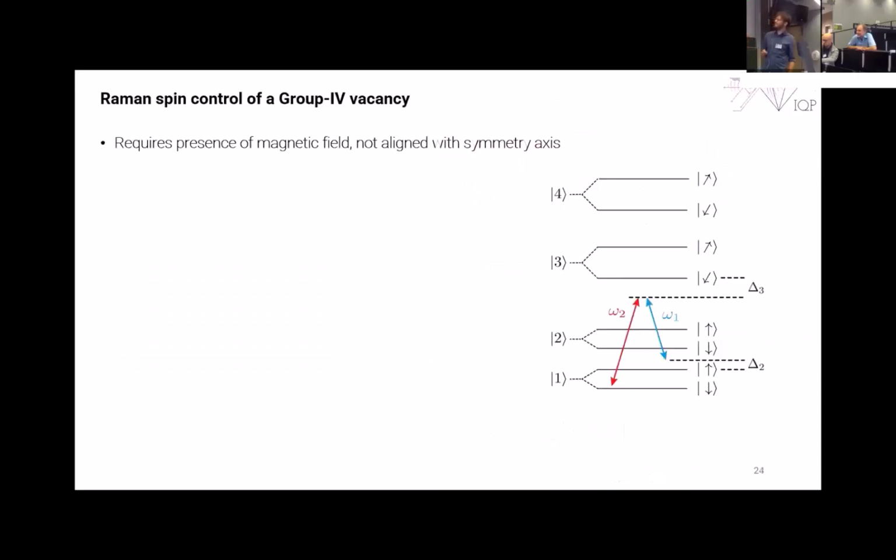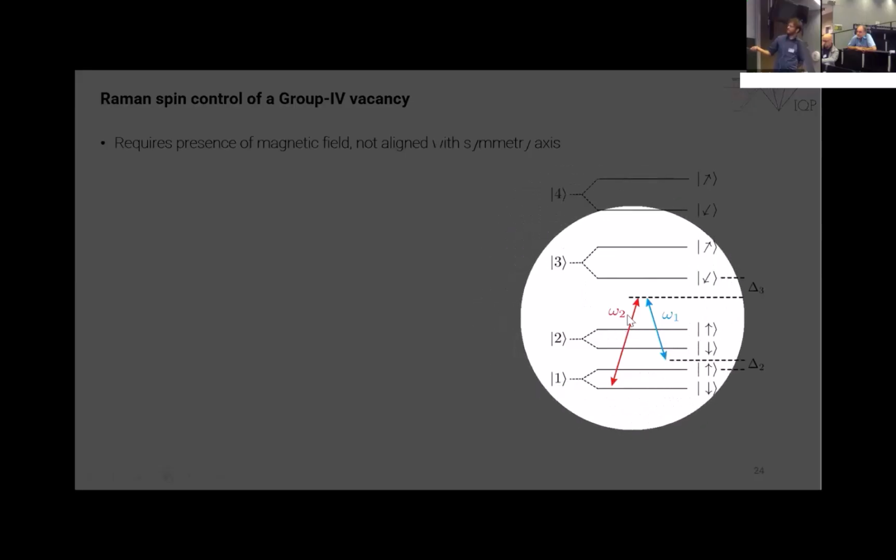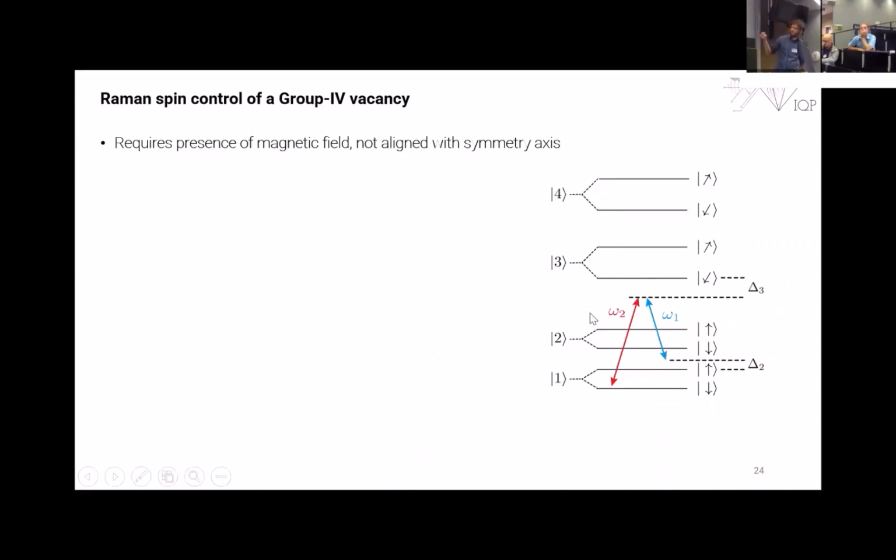Then I can just give you a quick example here for optical control, of how the specifics of the system can affect an idea for control. I mentioned in my overview that I'd like to use a Raman scheme. So you have two laser pulses that are somewhat detuned from the lowest lying excited state that have two different carrier frequencies.